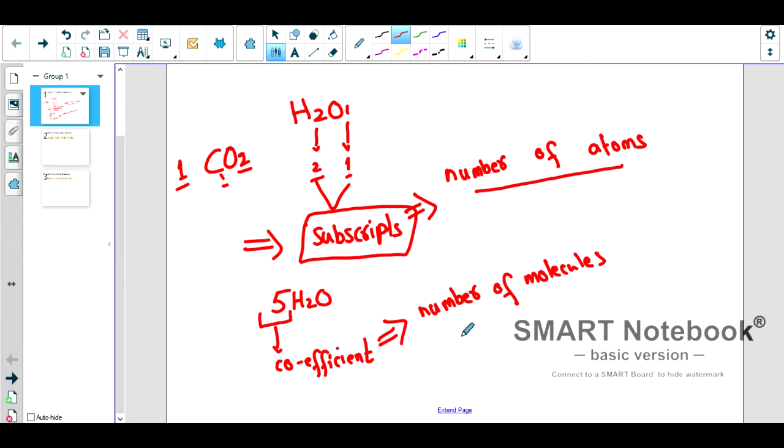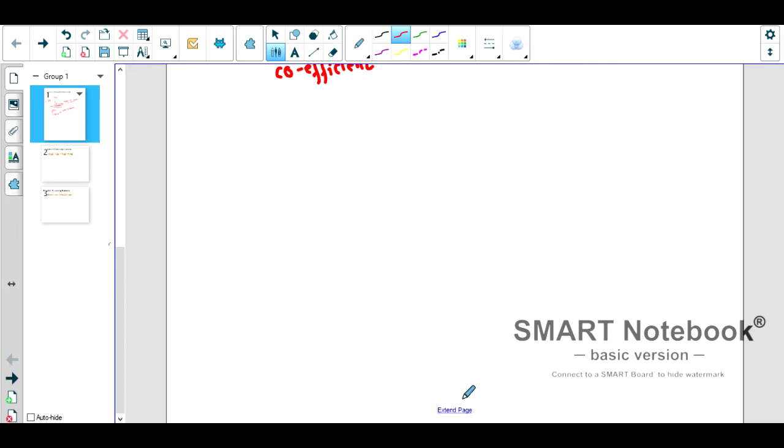Okay, now keeping this in mind, let us revise the rules of equation balancing, and then we will solve some practical examples with the hit and trial method. First rule, keep in mind while balancing equations that matter cannot be created or destroyed. Neither can you create it, nor destroy it.